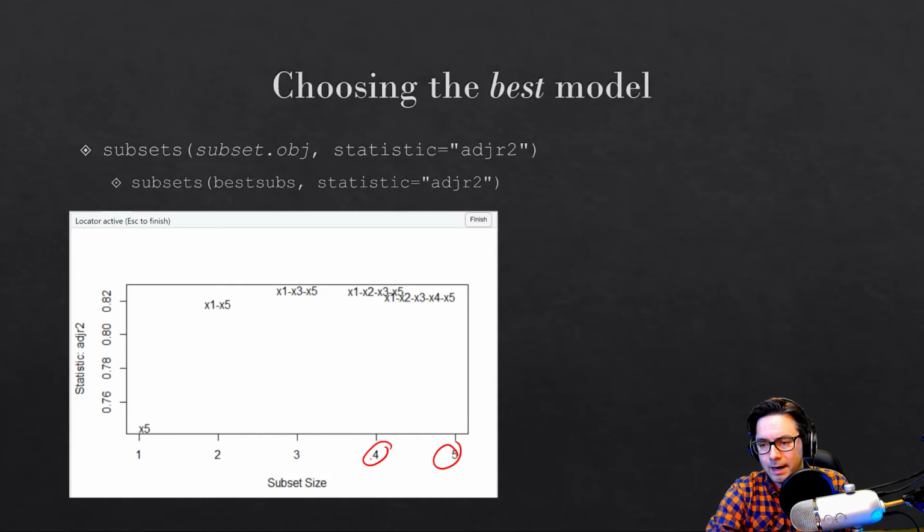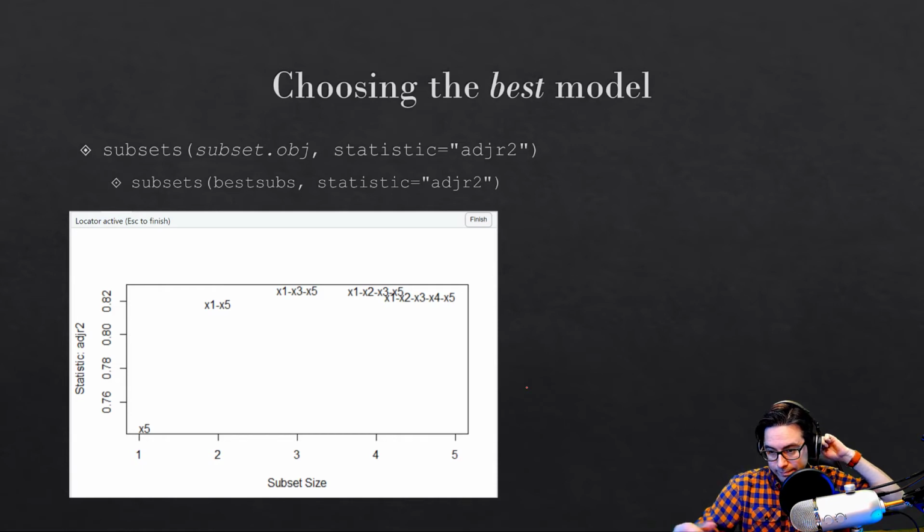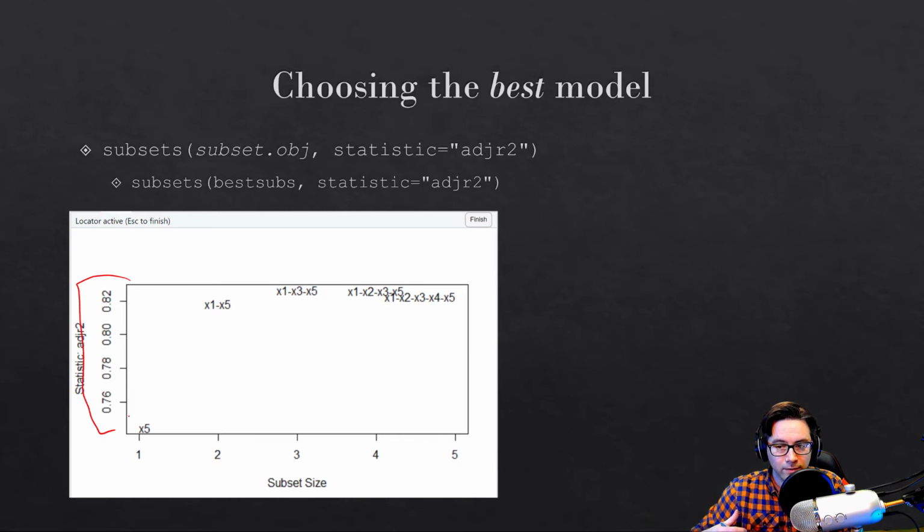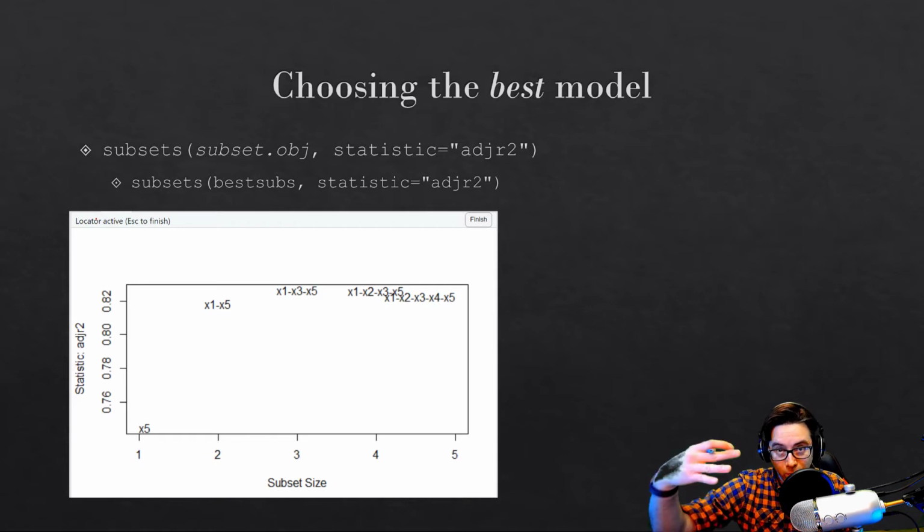So this range right here, this Y range, is the adjusted R squared. The lower that model is for the adjusted R squared, the worse the adjusted R squared is.